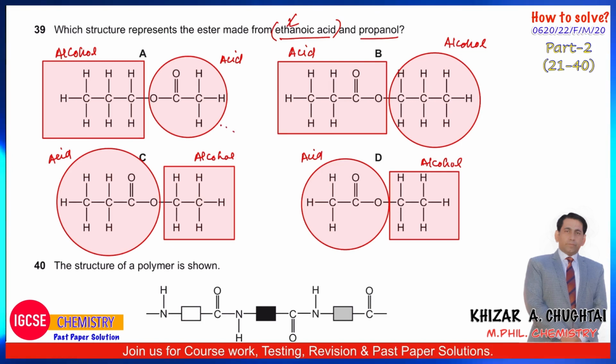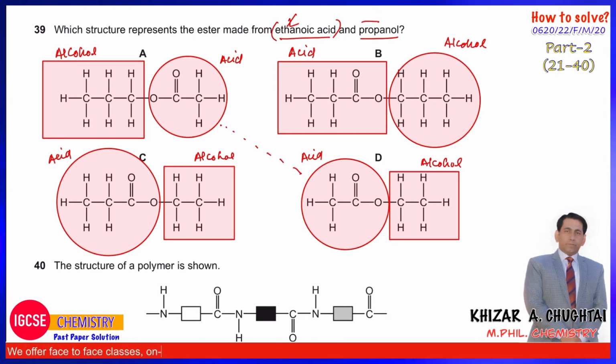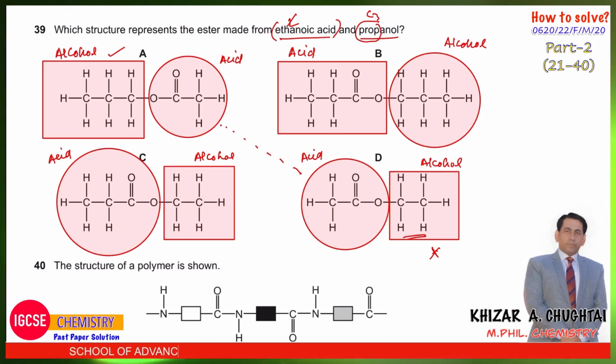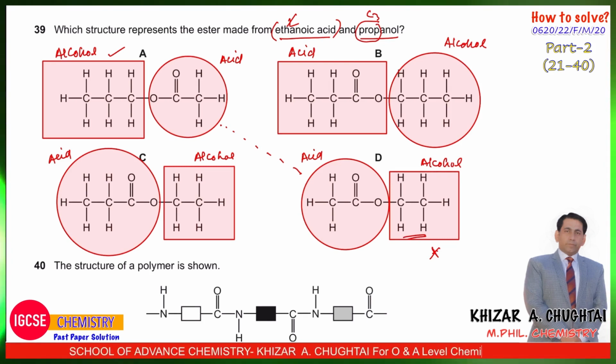So either A or D may be the correct option. But the alcohol must have three carbons. Here there are three carbons, but here the carbon count is 2. In this alcoholic portion, only two carbons are there. So once again, it is confirmed that A is the correct option.